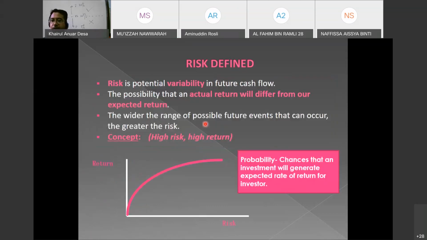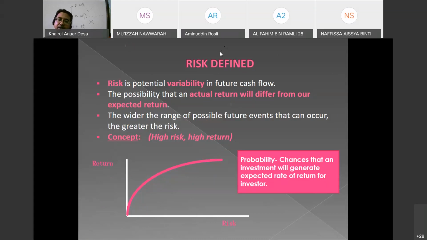Okay, the next one is risk. The definition of risk. Apa maksud risiko? Risk is the variability in the future cash flow, meaning the difference between what you expect and what you actually get. Apa yang kita harapkan berbeza dengan apa yang kita perolehi. That is the risk, the possibility that the actual return will differ from what we expect.